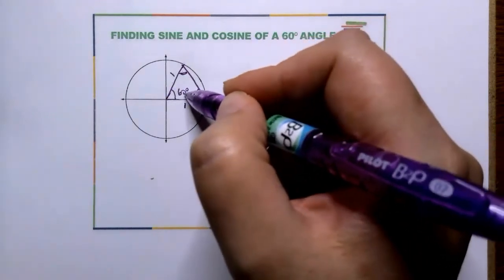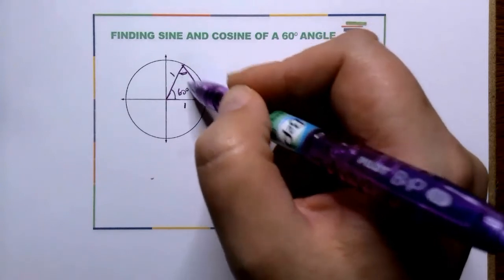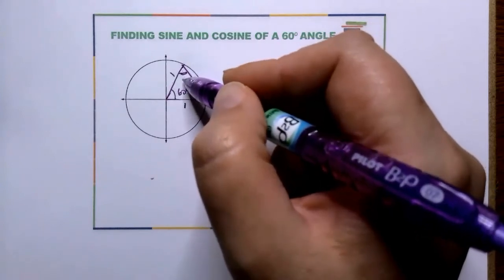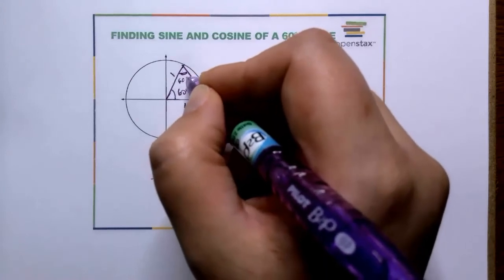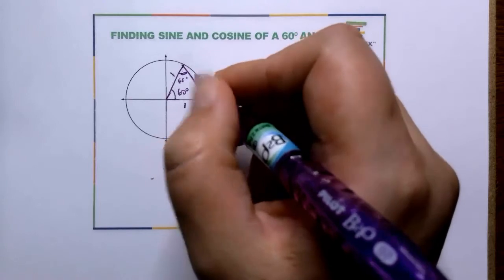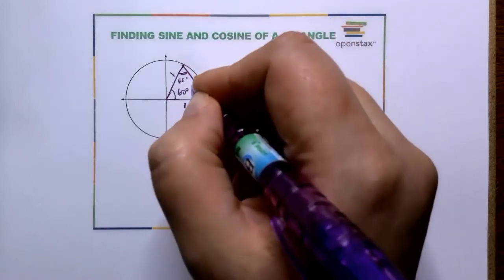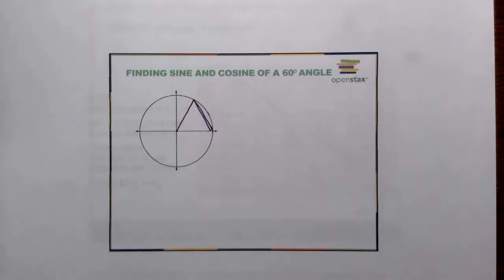Since this angle is 60, it leaves 120 for the other two angles. Split them in two, you have 60 and 60. So we are looking at an isosceles triangle with all equal sides of 1. So moving on to the next slide.